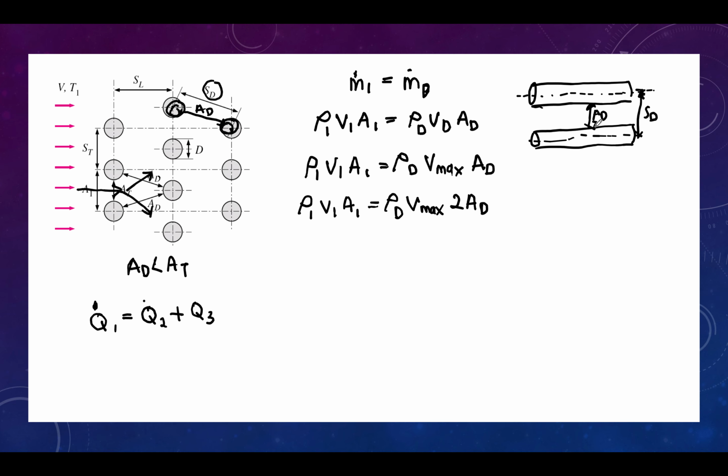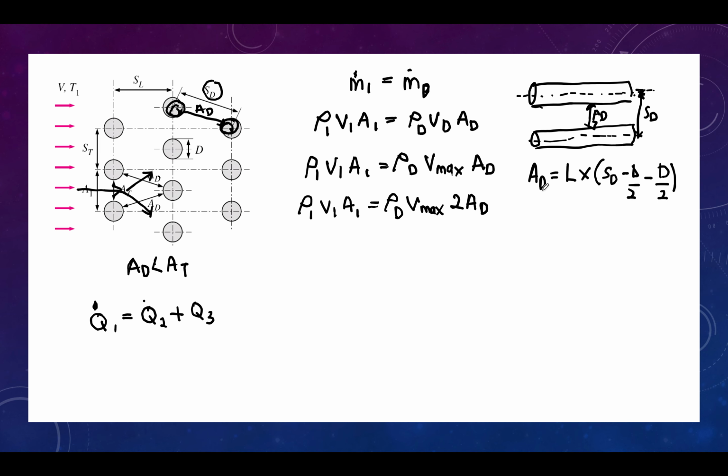If we want to find the area, we have the length of the tube times the width. So SD must be minus D over 2 for the first tube and D over 2 for the second tube. So SD minus D over 2 minus D over 2.